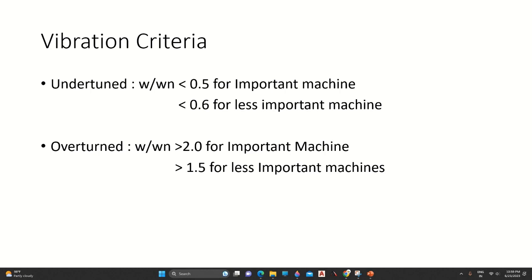One is undertuned, where the ratio of the frequency of the machine to the natural frequency is less than 0.5, for an important machine. And in the overtuned condition, the ratio of the frequency of the machine to the natural angular frequency is more than 2, whereas in tuned foundations, it is 0.5.